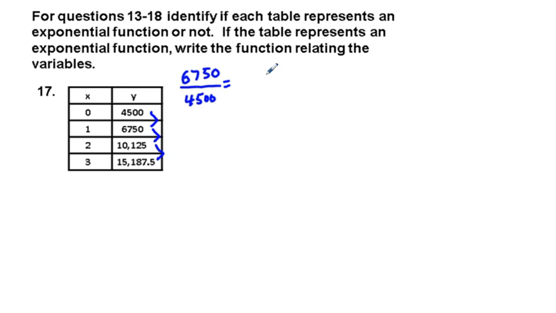Next, we're going to take 10,125 and divide that by 6750, see what we get there. And finally, we're going to take 15,187.5 and divide that by the prior term, which is 10,125.